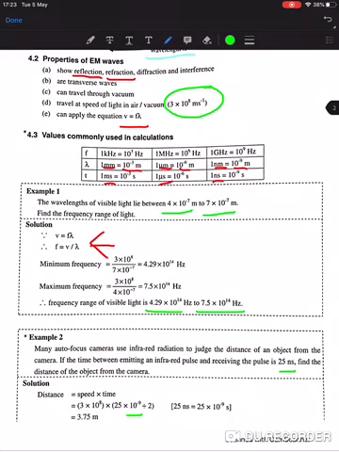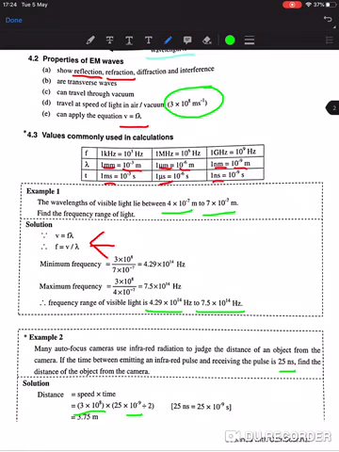And the speed of light, you know that is 3 times 10 to the power 8, as we have used in the last example, example 1. Now, in here, we'll find the object. And we want to find out why there is a divide by 2.